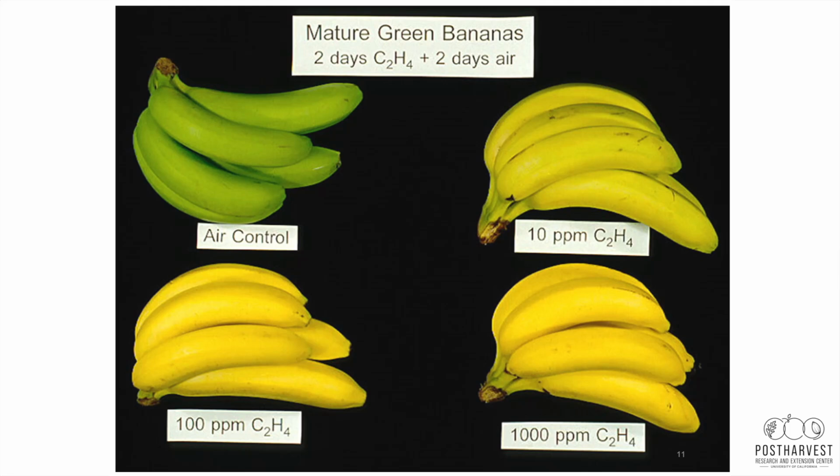We use 100 parts per million because of leakiness of the rooms and because you need to get good distribution of the ethylene. So if they're using 500, then I would be looking at how well they distribute the air through the room, how good the temperature management is, how leaky the room is, and perhaps they don't need 500 parts per million. You're well above the physiological requirement of the fruit.